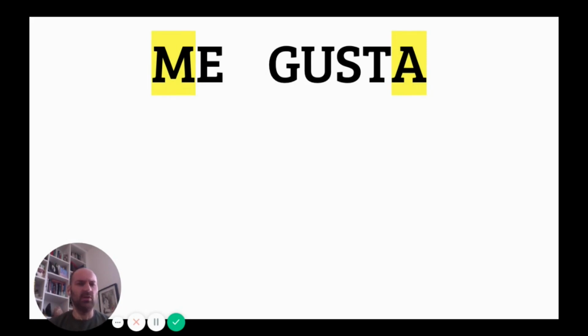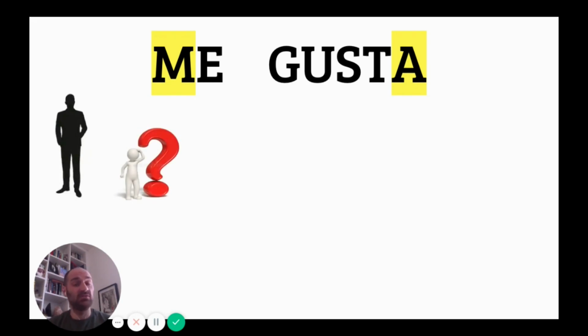The first category of patterns is the patterns that affect the beginning of the opinion, for example, that M of me. If you change that M to another letter, you can talk about other people's opinion. You can talk about one person, someone else, either a girl or a boy. You can ask a question as well, like, do you like?